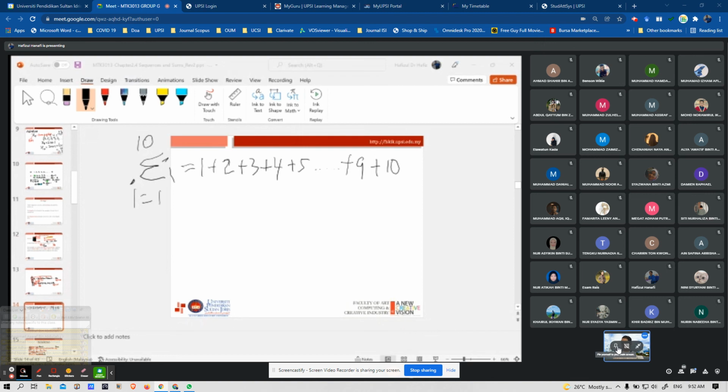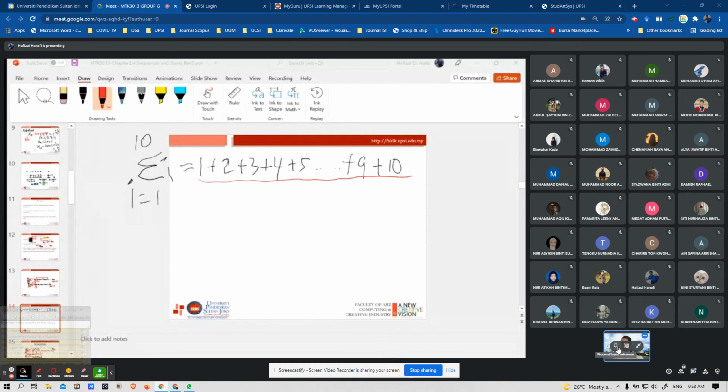So how does this translate into the right over here? Well, what you do is you start wherever the index is, I equal to 1. If the index is set at 1, set I equal to 1.